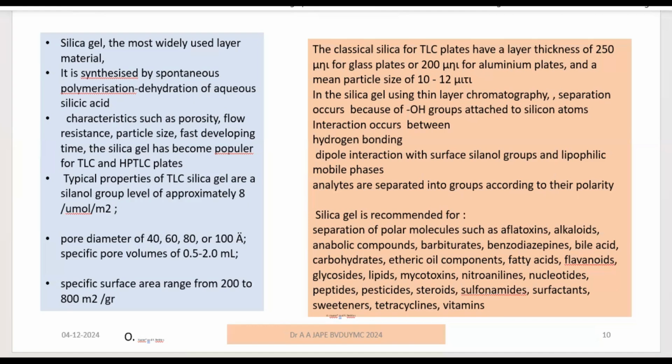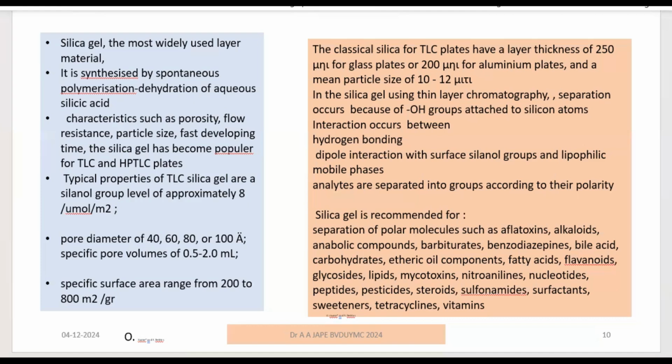So when an analyte is going to move onto the TLC plate, the factors which decide the efficiency of the process are the silica gel pore size, the diameter of the particle, the volume it holds, the thickness of the layer that is prepared, and further the number of OH groups which are present as SiOH groups on the silicon atom.